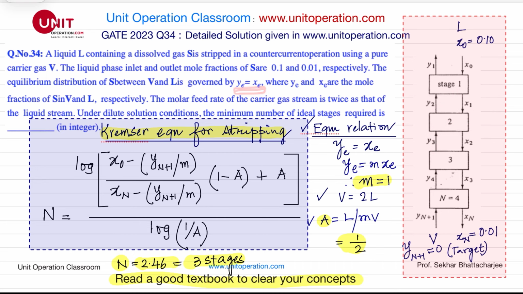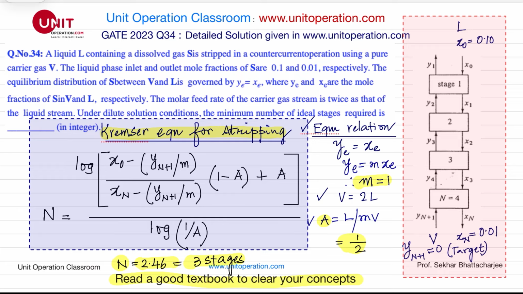That is given. The molar feed rate of the carrier gas stream is twice as that of the liquid stream. So basically, this is my gas stream, which has no contaminant at all.